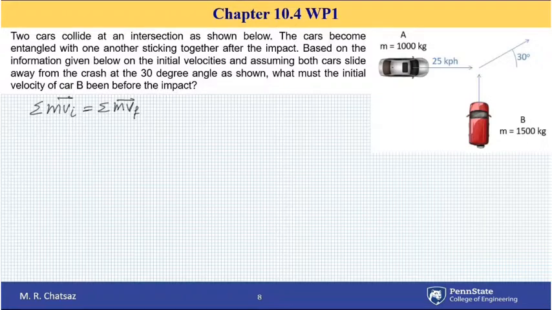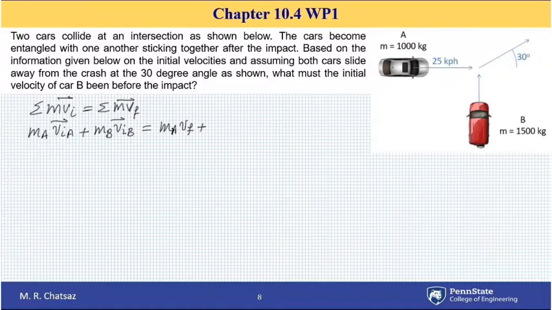I can apply this equation to the given situation and write mass of A times initial velocity of A, plus mass of B times initial velocity of B, equals mass of A times velocity of A after impact, which I'll call VF.